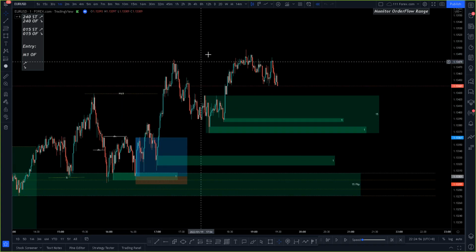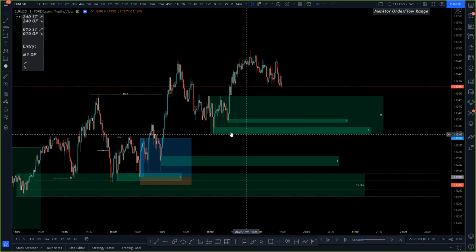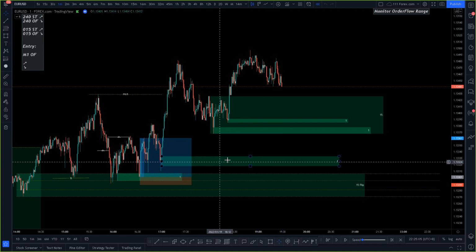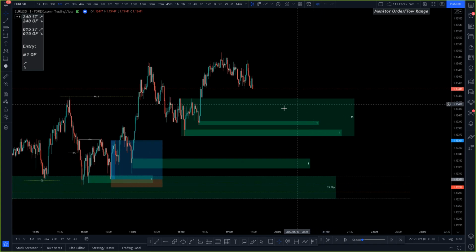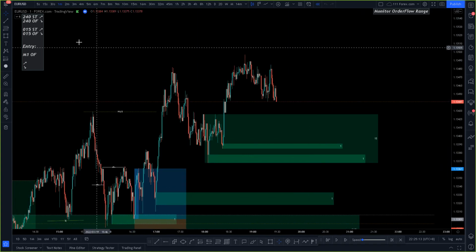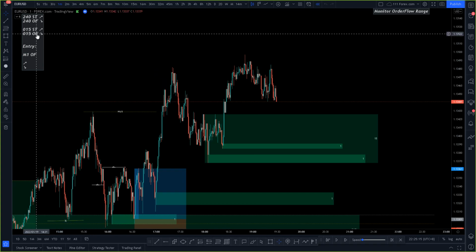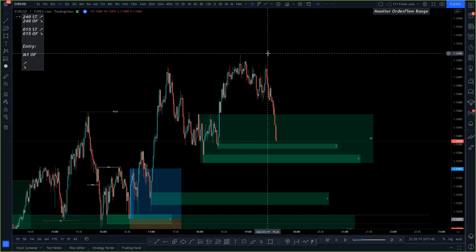So when this all becomes my liquidity, this will be my interesting point for price to tap back in. So first, let's see how price goes. So now structural bullish, and let's see.